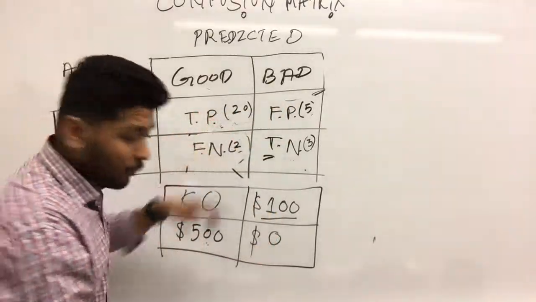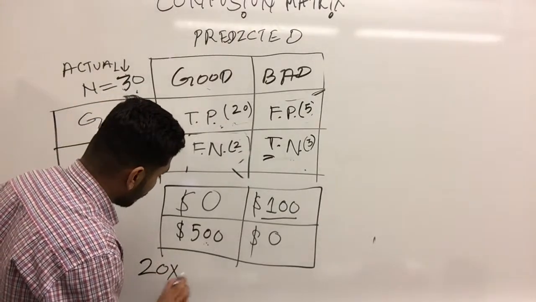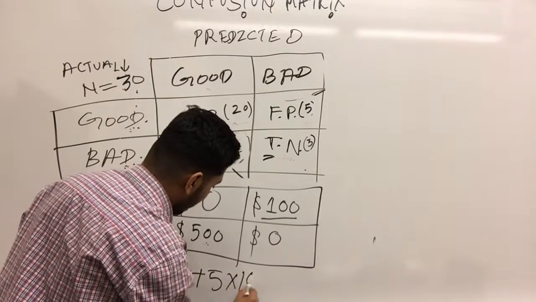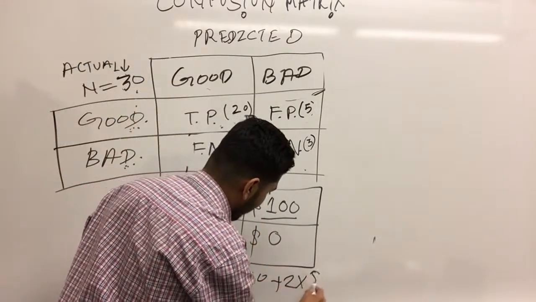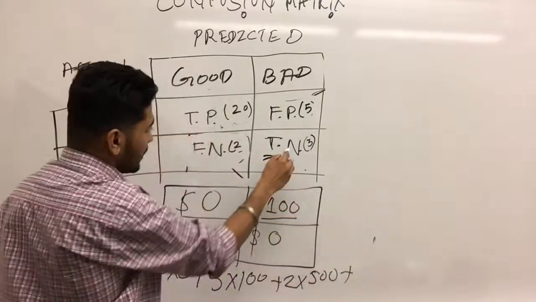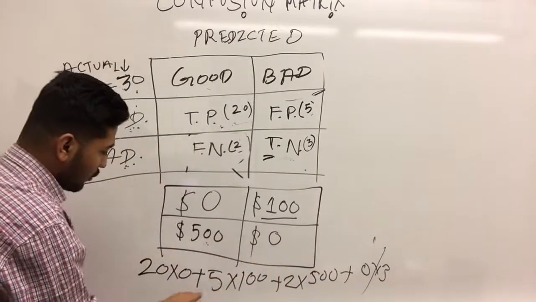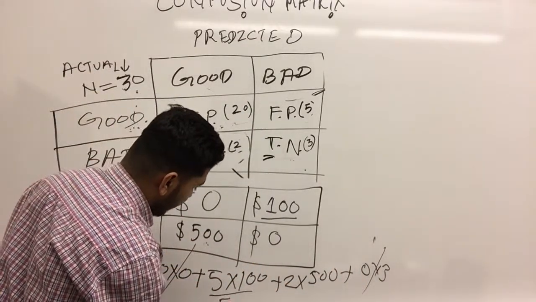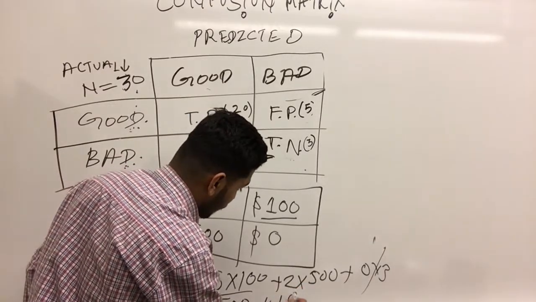So here it would be 20 into 0 plus 5 into 100, plus 2 into 500, plus 0 into 3. 0 into 3 we can just make 0, so we just have to calculate 5 into 100 plus 500 into 2, which is 1000.